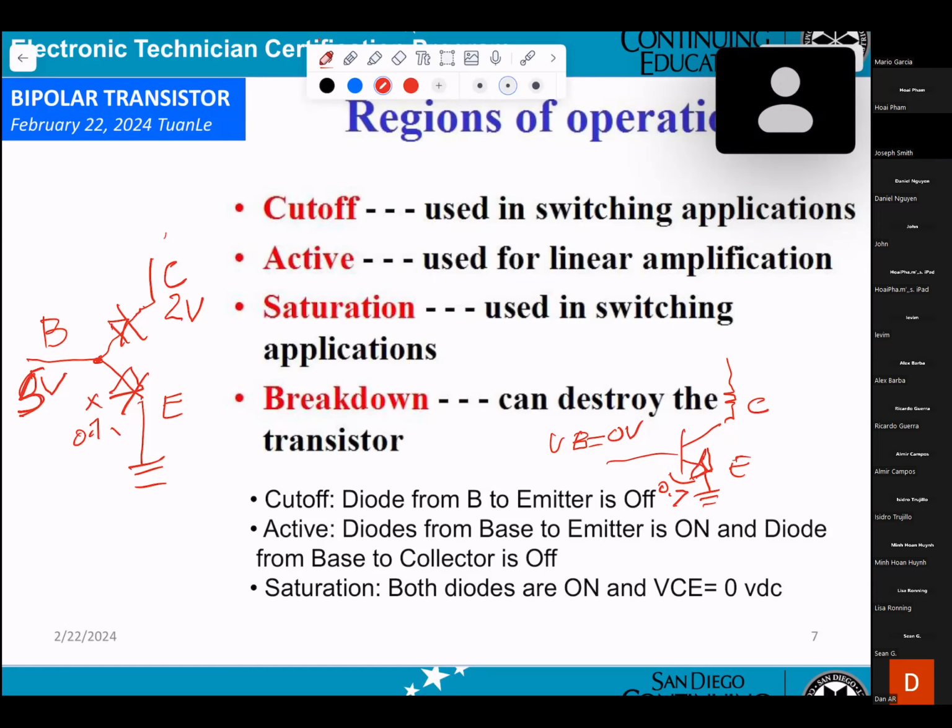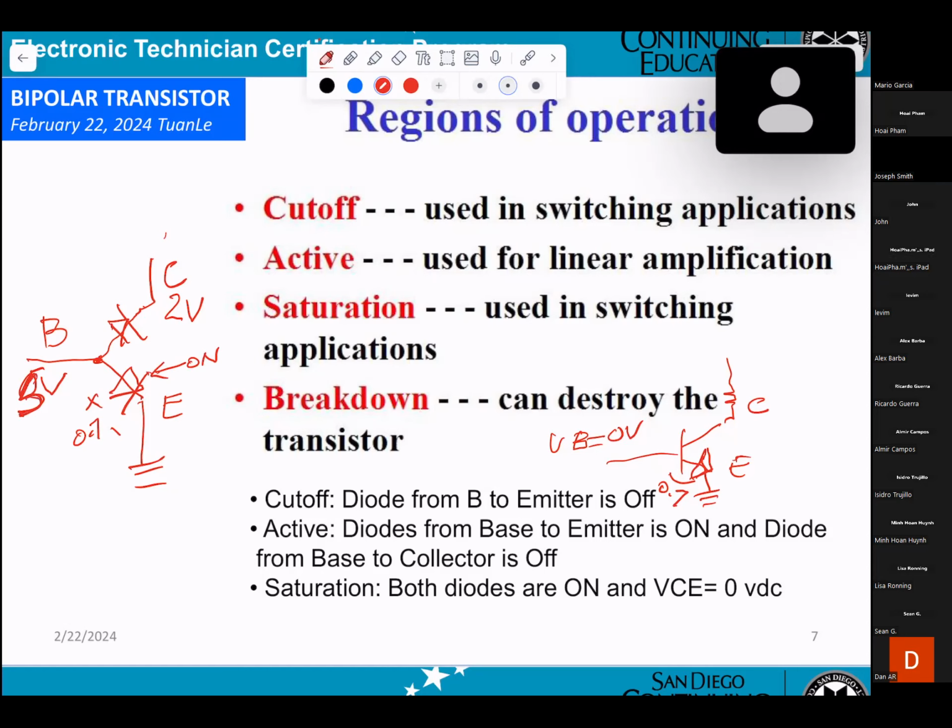So this diode will be on. And if you get 5 volt here and 2 volt on the collector, this diode is also on.